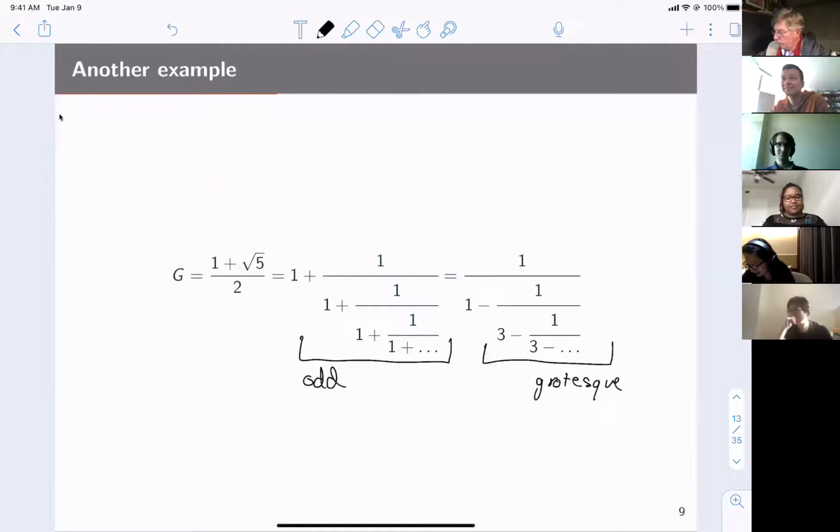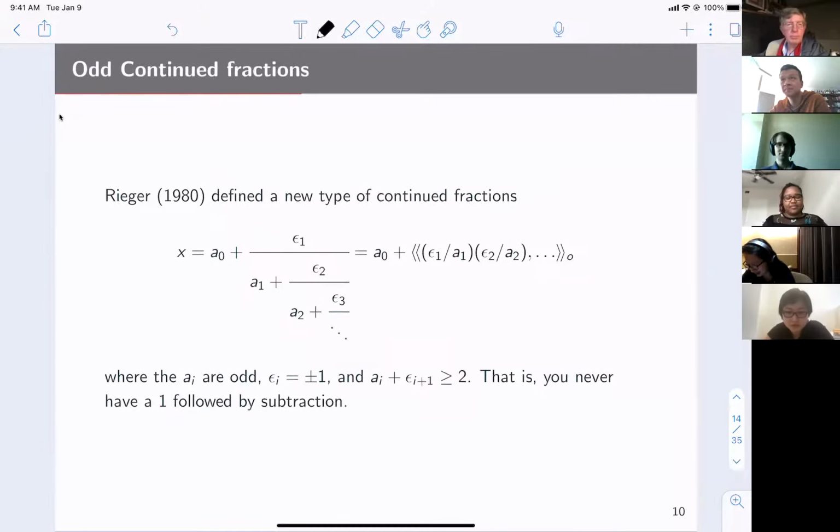So let's get back to dynamical systems. If you have seen the odd continued fractions, yes, I am using slightly different indexing. I am making it consistent with the grotesque continued fractions and also the Nakada continued fractions. So what we have here is we restrict our digits to being odd, and we allow addition and subtraction.